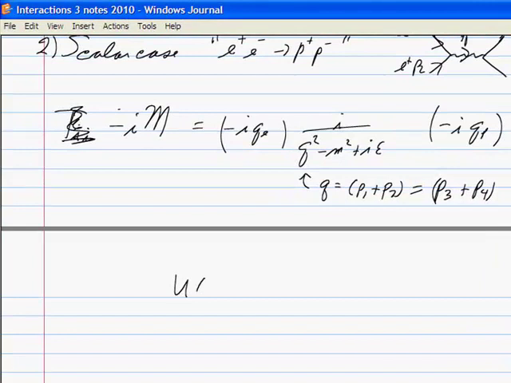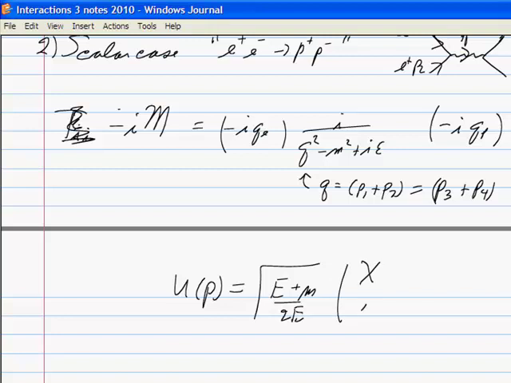So u looks like the following. u of p is square root of (E plus M) over 2E times the Pauli spinor, sigma dot p over (E plus M) times the Pauli spinor. Okay, so that's the wave function for an electron. So it's a 4-component beastie.